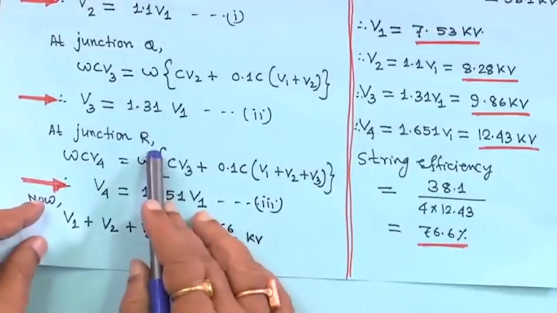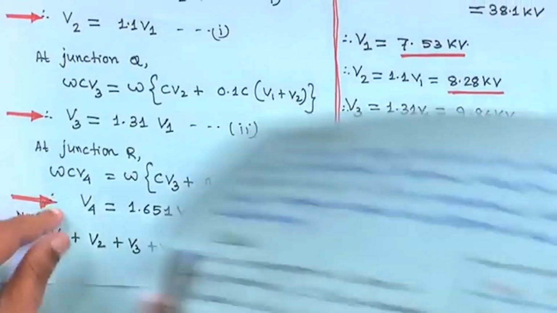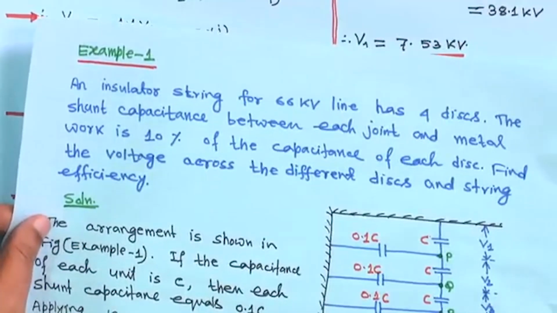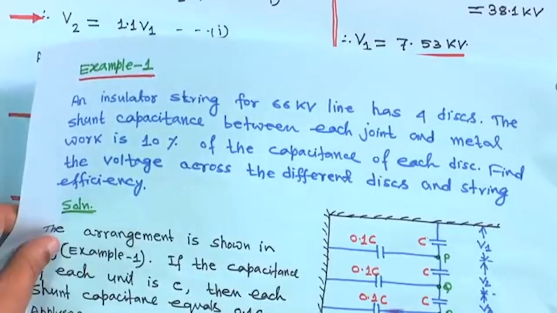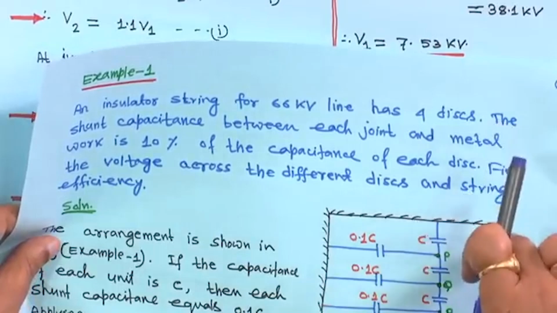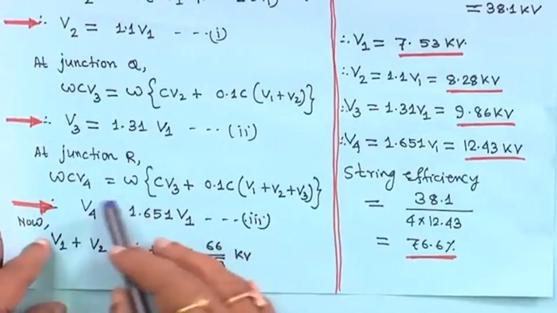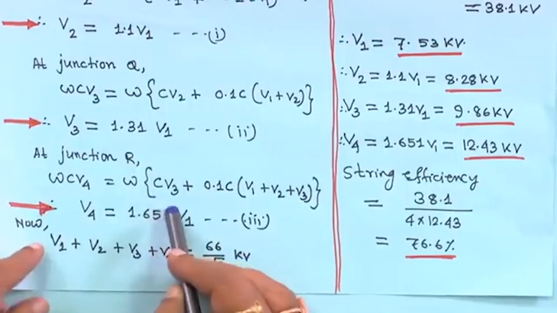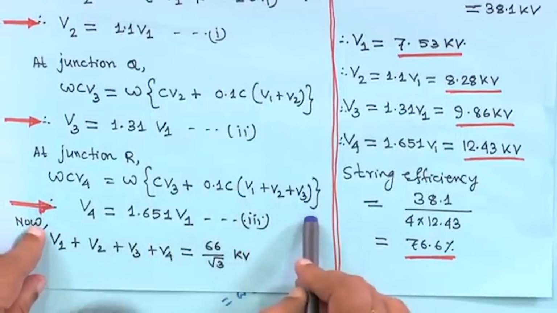Similarly, at junction R, omega C V4 will be omega C V3 plus this voltage and this voltage, that is V1 plus V2 plus V3. So omega C V4 is equal to omega in bracket C V3 plus 0.1 C times V1 plus V2 plus V3.